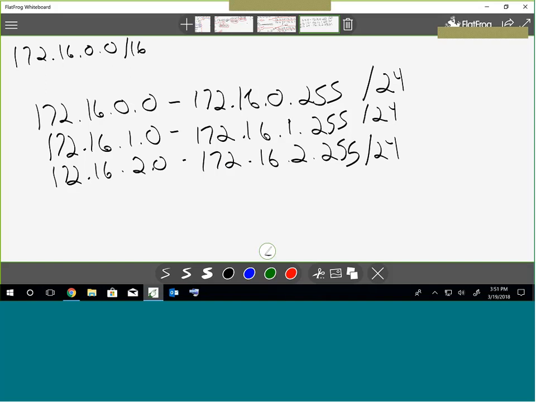So I had one network of 2 to the 16th hosts, right? Yes. I borrow 8 bits, and I break it into all of these subnets, and each one has the same size as a Class C. Now I have a boatload of Class C addresses that I can use, or equivalent to Class Cs in prefix.